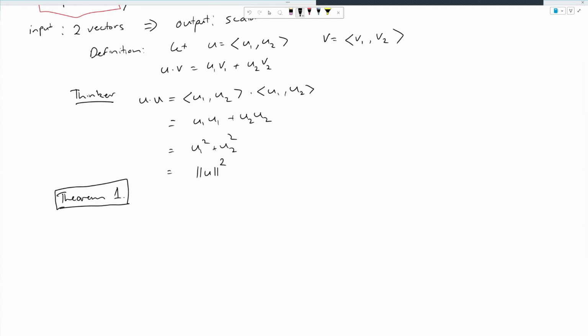The theorem is the dot product u dot v is equal to the length of u times the length of v times cosine theta, where theta is the angle between the two vectors.